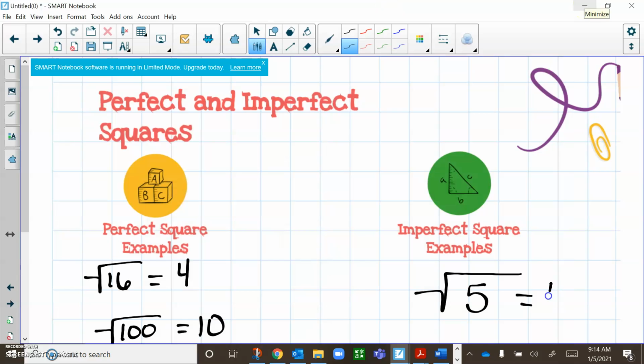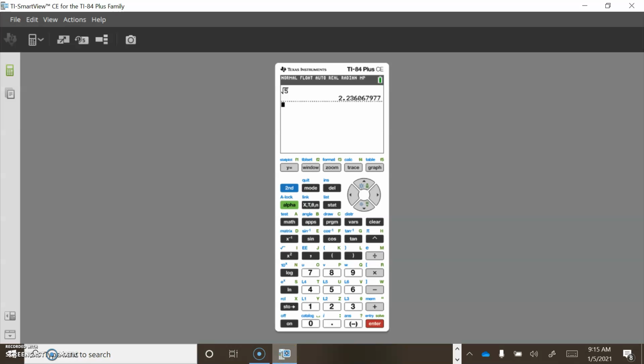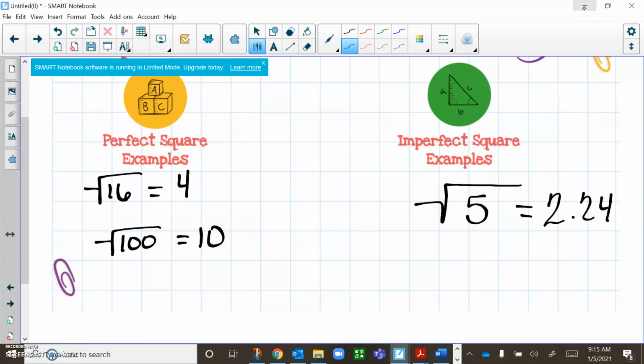So we're going to put 2.24. That is not a whole number, so it gives me an imperfect square. So always remember your perfect squares would be, let's say square root of 4, you get a whole number. Square root of 16, you get a whole number. So whenever it's a whole number, it's a perfect square. If you don't get a whole number, it's not a perfect square.